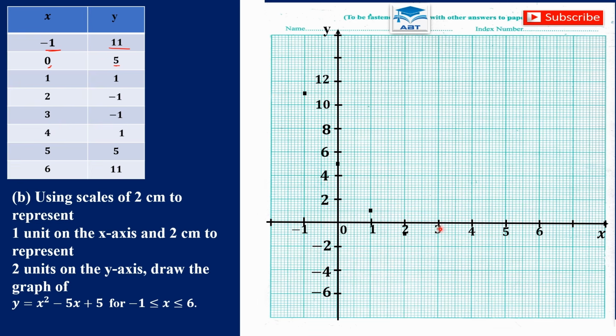This is 3 on the x-axis, and -1 on the y-axis is here, so they are going to meet here. When x is 4, y is 1. This is 4 on the x-axis, 1 on the y-axis is here, so they are going to meet here.